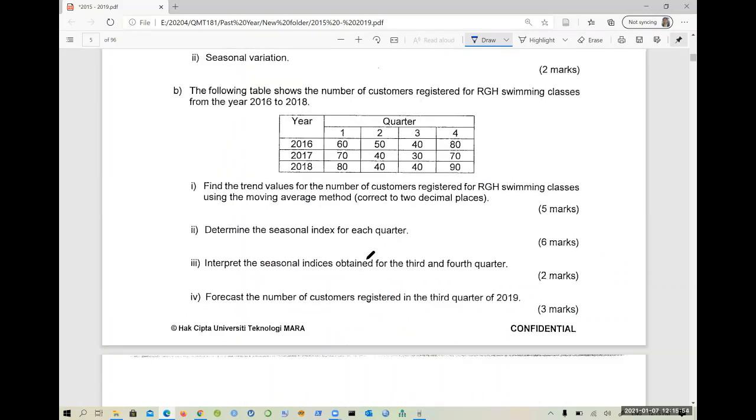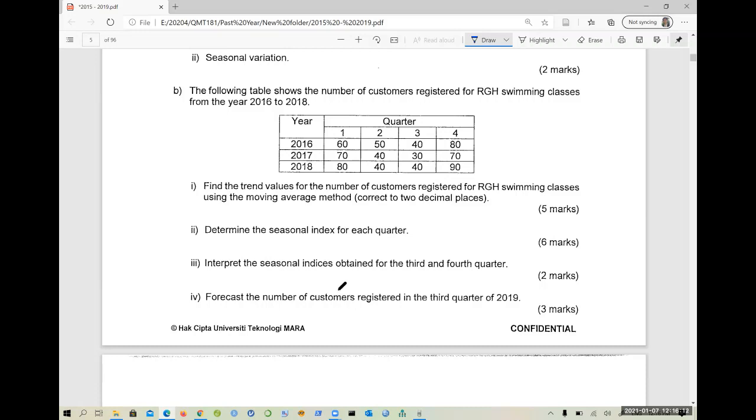Refer to the given data set, and then you have to find the trend values, find the seasonal index, interpret the seasonal index and do the forecasting. Let's see how we can solve this problem.